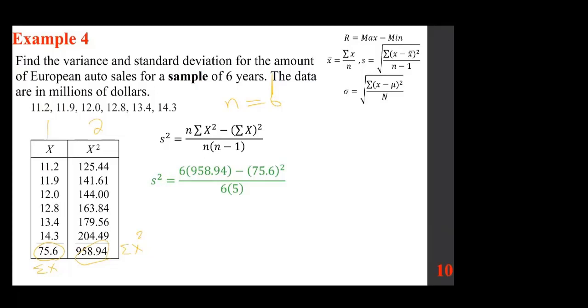And it gives us s squared. To calculate s, all we have to do, take a root. So the standard deviation is 1.13 in millions of dollars. $1.13 million. We looked at calculation of standard deviation and variance for a few cases, small sample size on purpose.